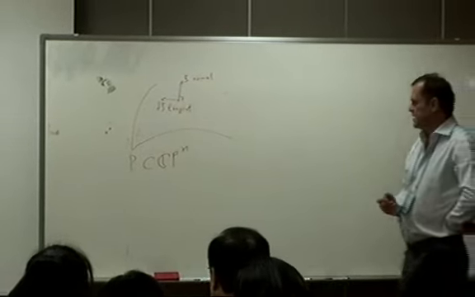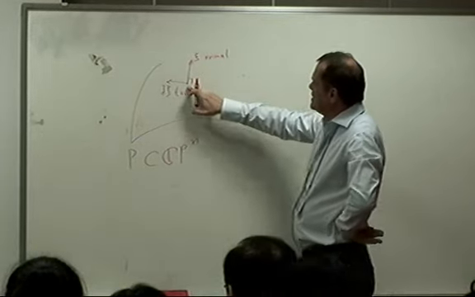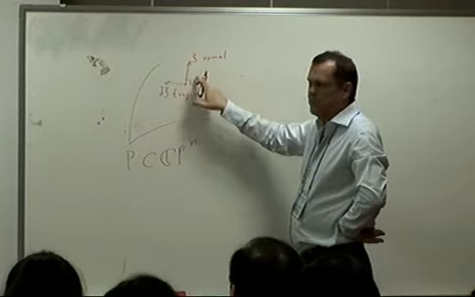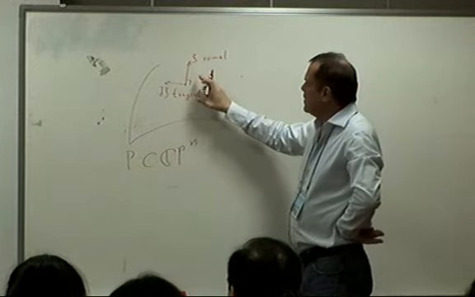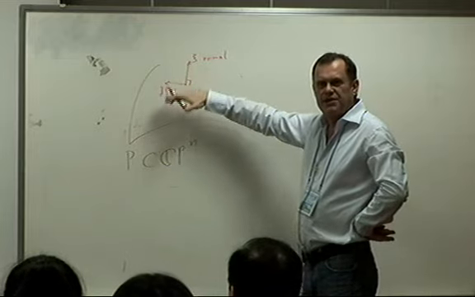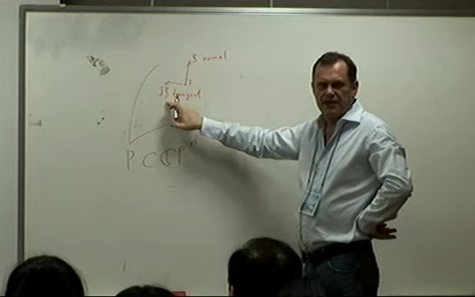Another characterization of a Hopf hypersurface: when we do this at all points of the hypersurface, what we get is a one-dimensional distribution on the hypersurface given by all these tangent vectors.